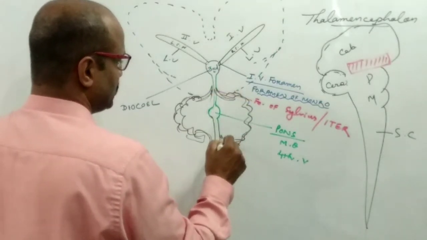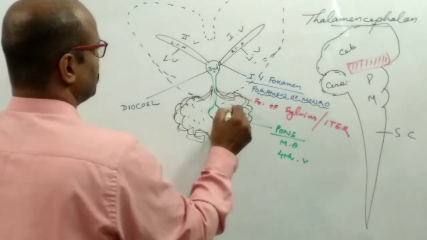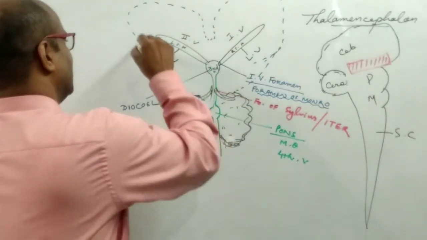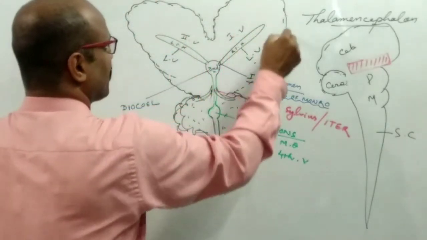So this is the cerebellum, and this is the cerebral hemisphere.